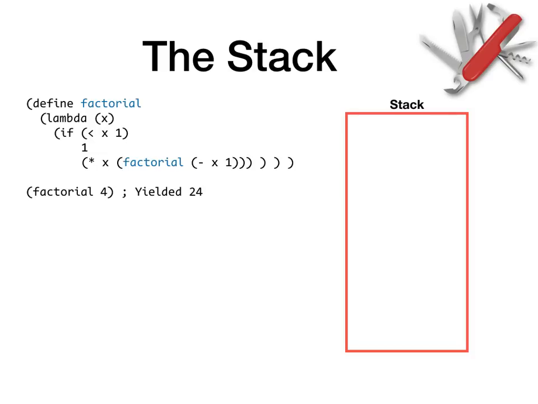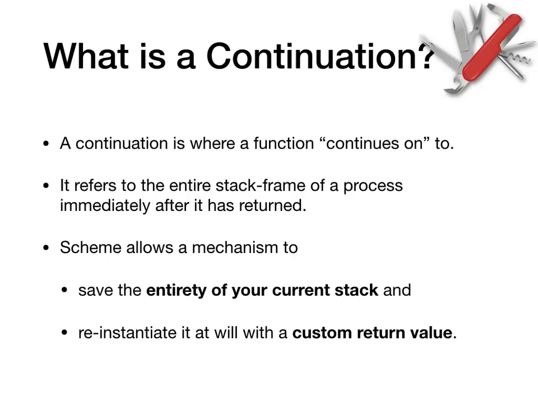Pretty straightforward? Okay, so what is a continuation? A continuation is where a function continues on to. Now that is not just a physical place in your code, but that also includes the state of the stack.